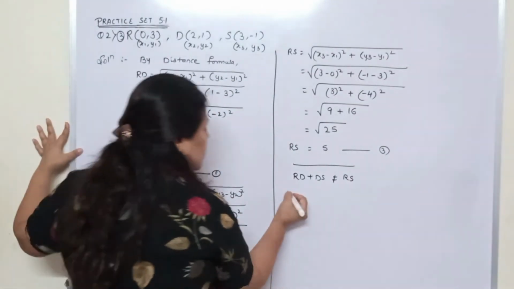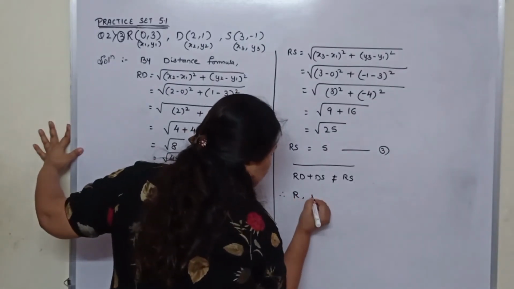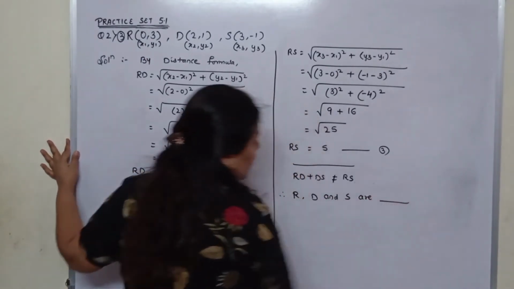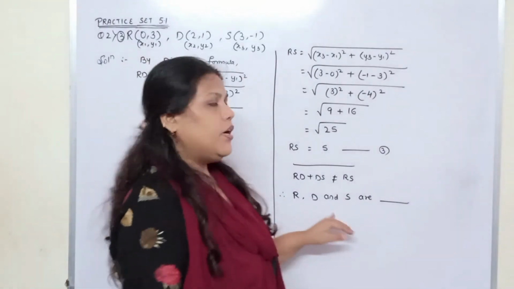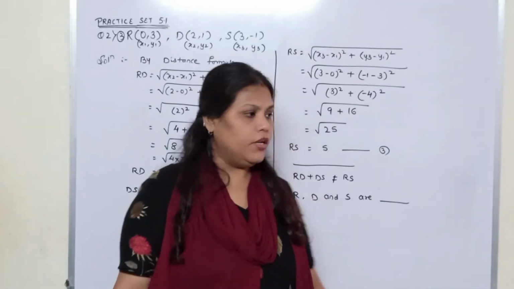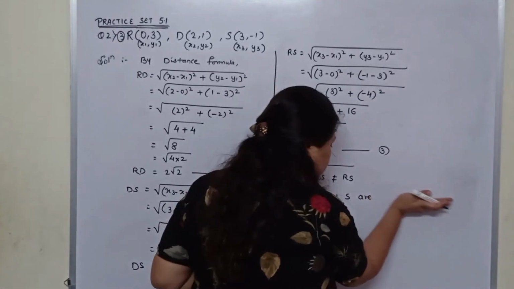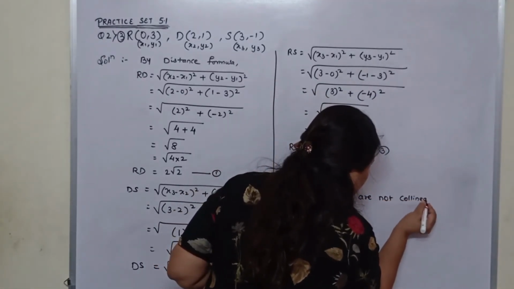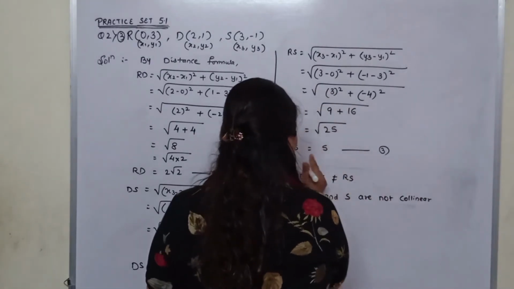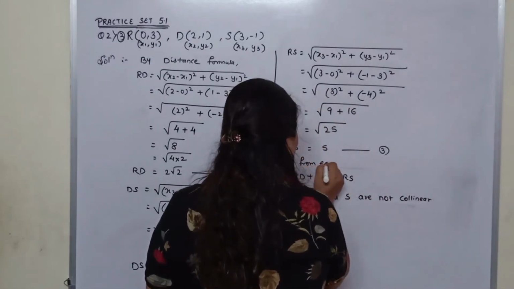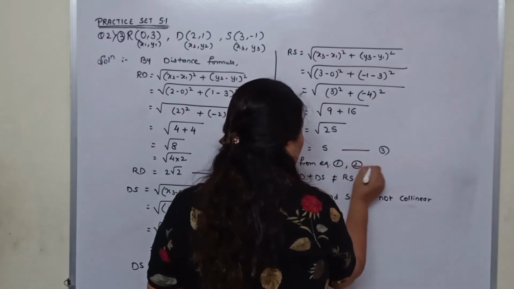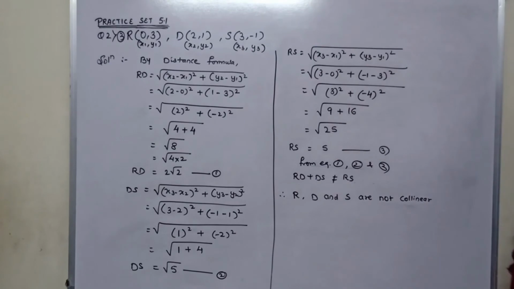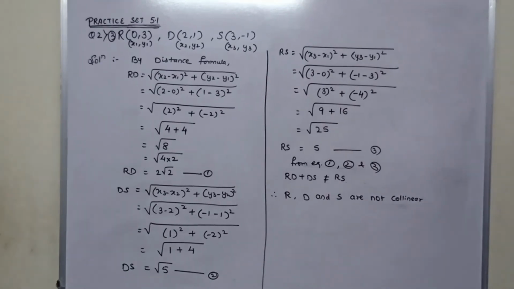Therefore, points R, D and S are not collinear. Note it down and then we'll see the next question.